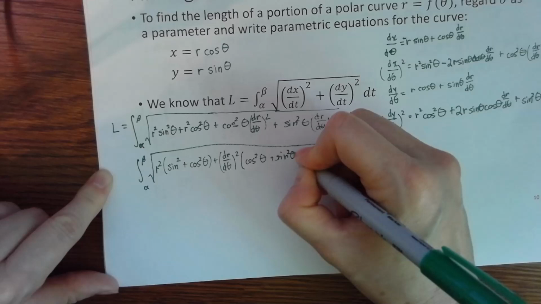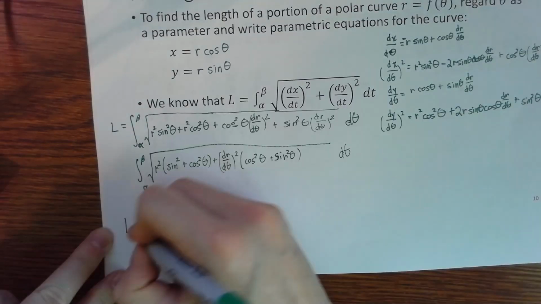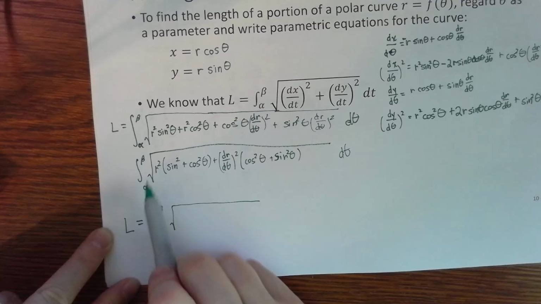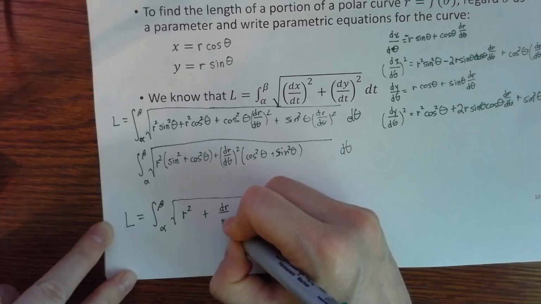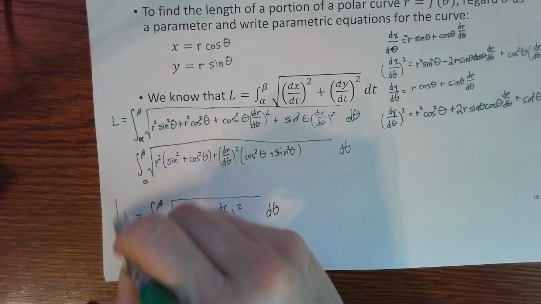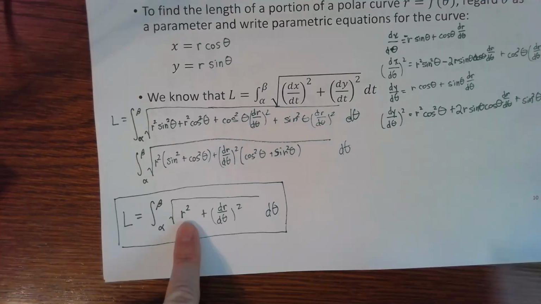Well, this is just one, this is just one, so this gives us the square root of r squared times 1, plus (dr/dθ) squared times 1. So this will be our formula for finding arc length.